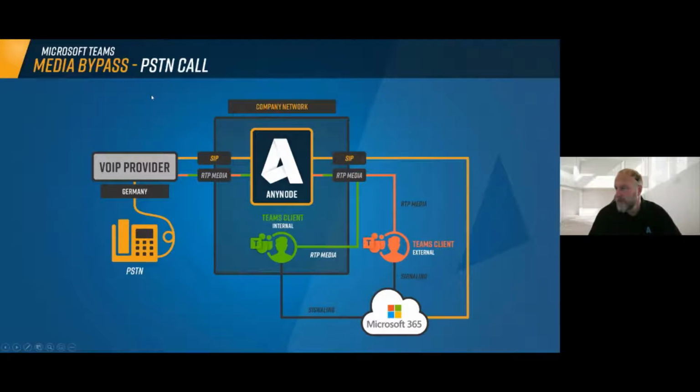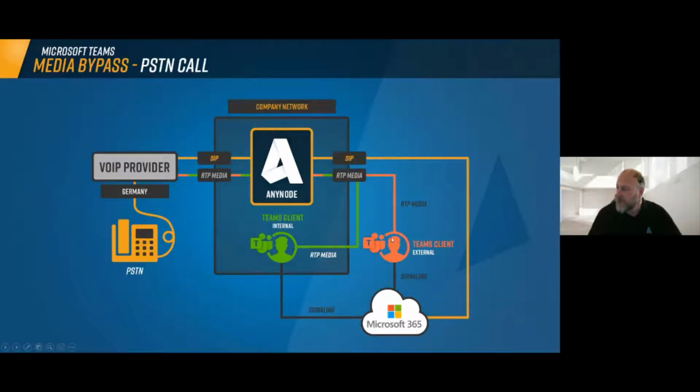So we now see a slightly improved version of the media flow that was introduced by Microsoft, which is the media bypass. And in that area, the media may take the shortest path possible.